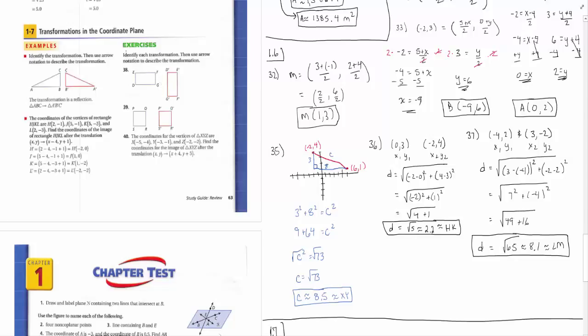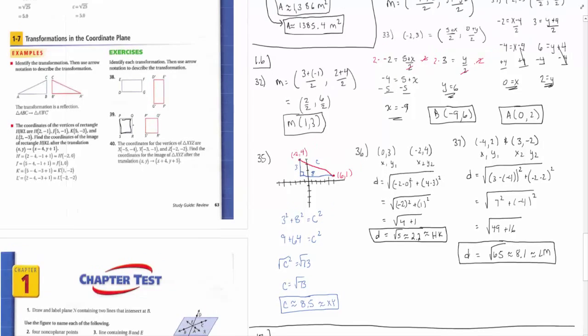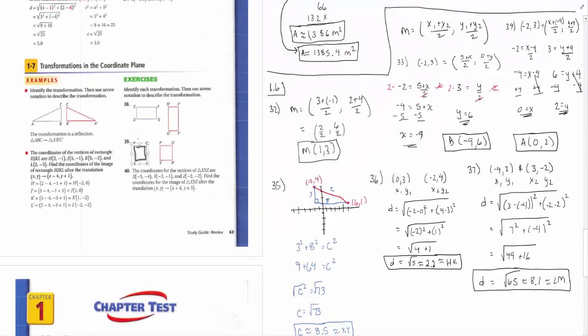Now 39, we have point P, and we can just say this one is going to be sliding over. I can kind of draw a picture of that. That's an ugly picture, but you get the idea. Okay, so it's like I'm taking this and I'm just sliding it over here. Okay, so that's going to be, in this case, a translation.